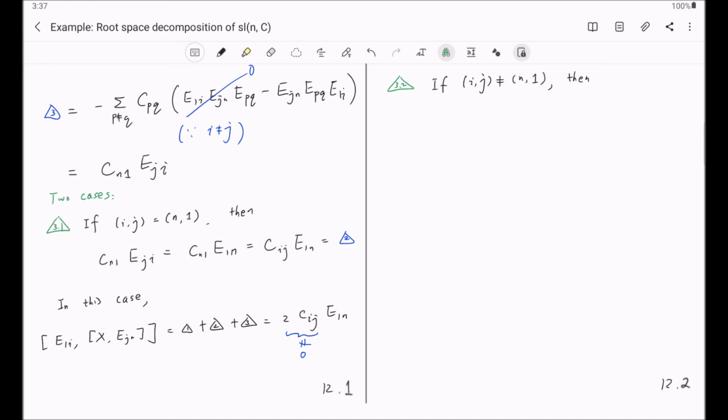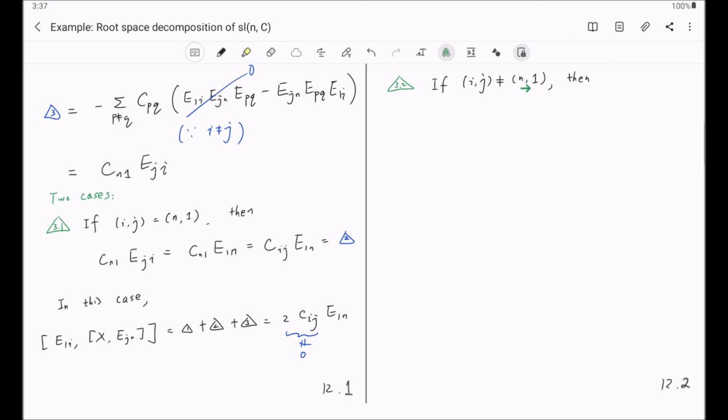And we really hope that this constant c_{n1} could be equal to 0, so that this term will also vanish, so that the only term that is left for us will be the part 2. And this is indeed the case.